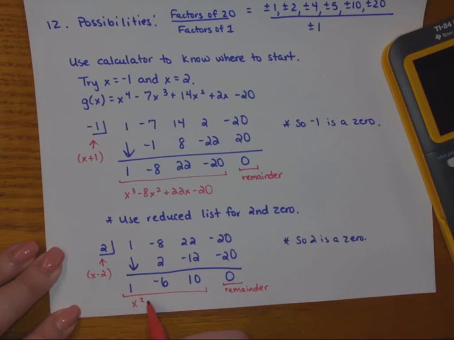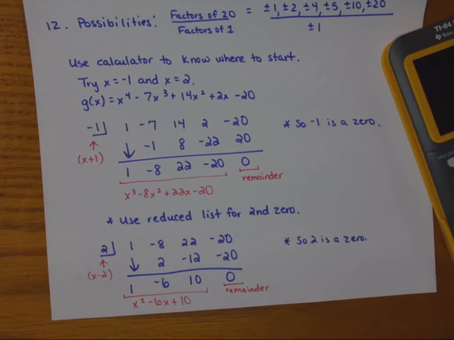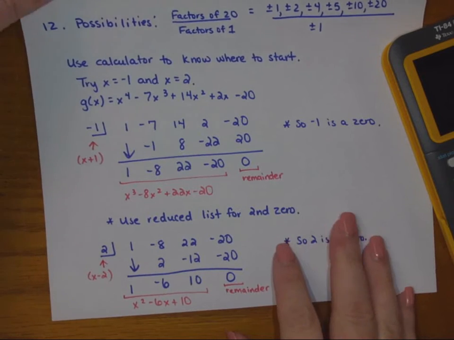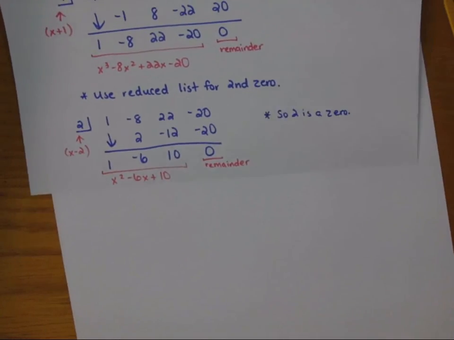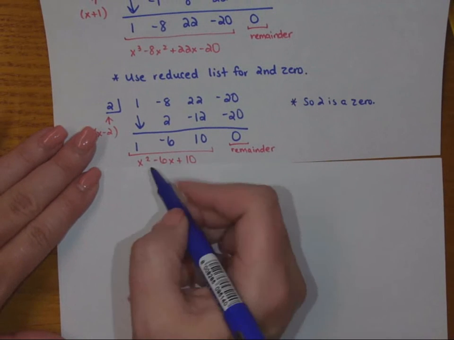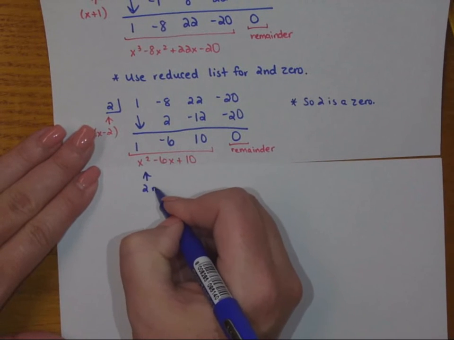We have x squared minus 6x plus 10. Okay, so basically we have 2 more zeros that we can find here. Okay, the point of doing synthetic division with this process is to get it down to a squared equation. So I'm just going to say there are 2 more zeros here.